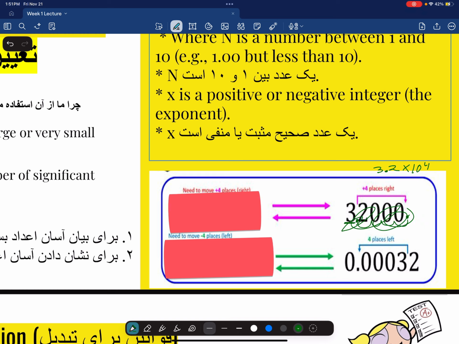Honestly, this figure over here, when it says places to the right, can be confusing. Just ignore this. We're actually moving 4 places to the left, and since we moved 4 places to the left, that's going to be a positive 4. So 3.2 times 10 to the 4th, which if we calculate it will equal 32,000.